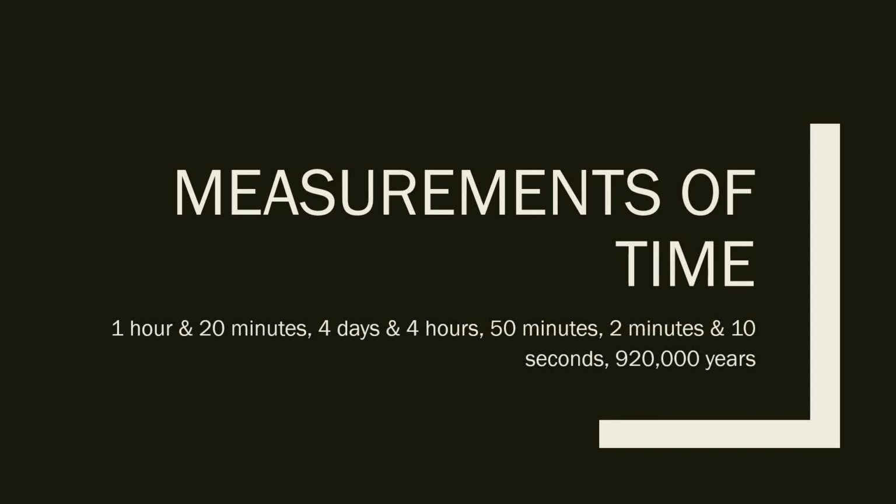What about measurements of time? Are these a good fit for a numeric field? They are, but there's a caveat, right? You can't store the phrase 1 hour and 20 minutes in a numeric field. You have to stick to one unit of measure or the other. So let's say that you're going to keep track of hours in that field.